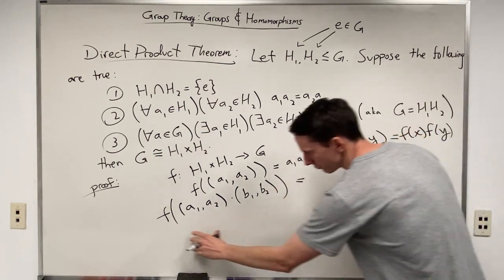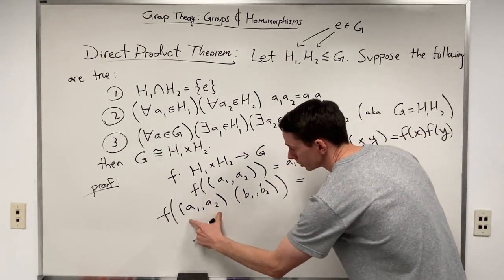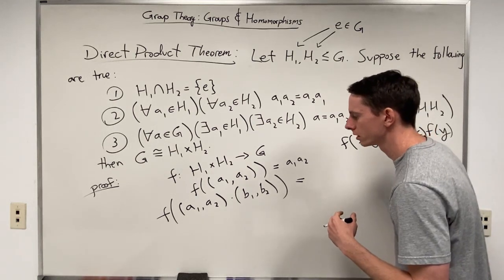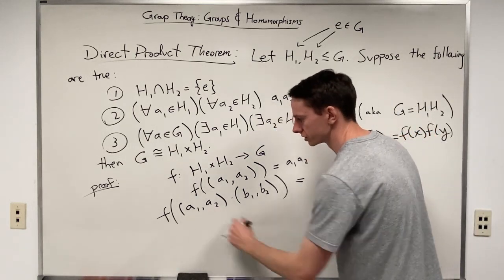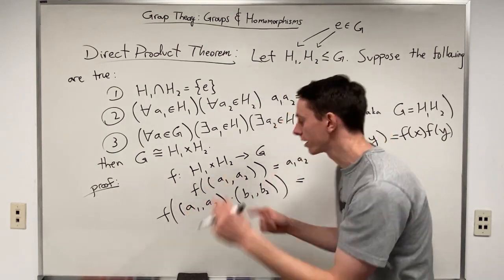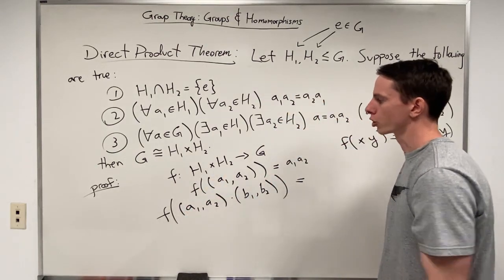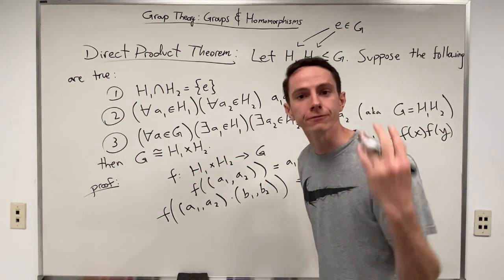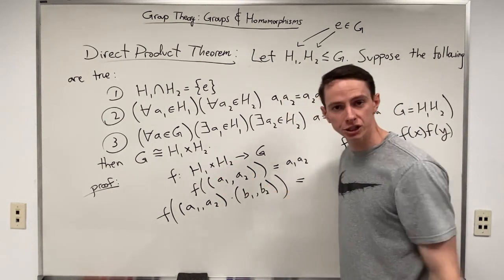If we first evaluate the input to this function, we have f of a product of two things. Let's first take the product of those two things. According to how the direct product was defined, we know the binary operation with the direct product.